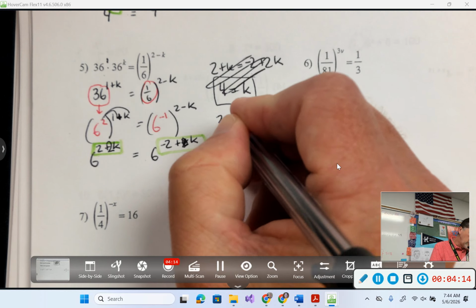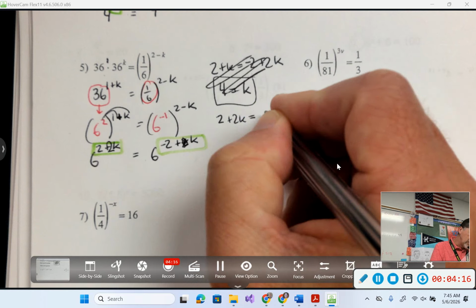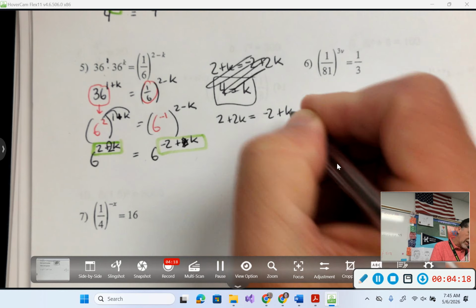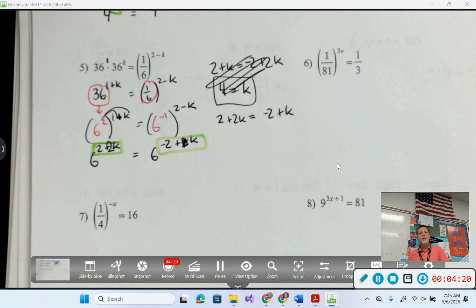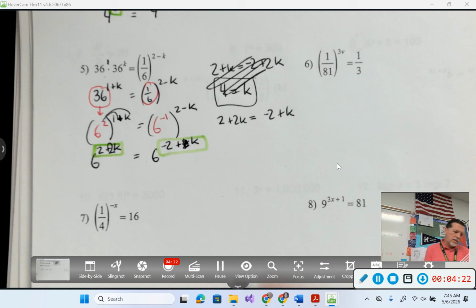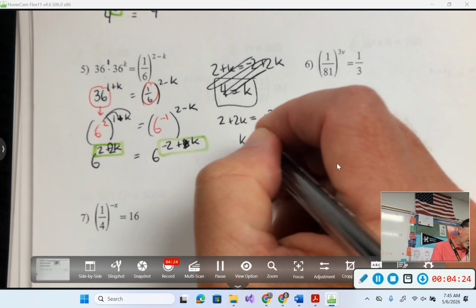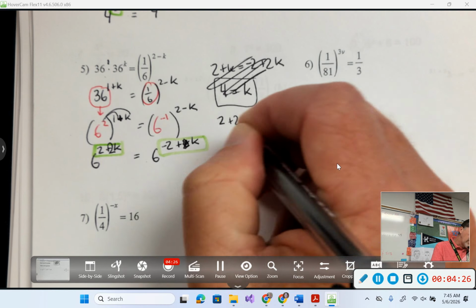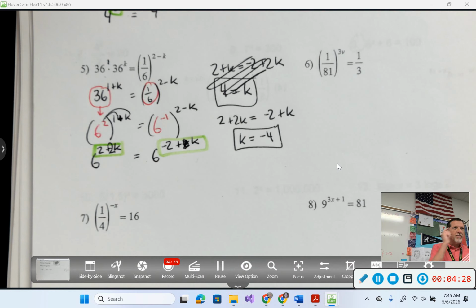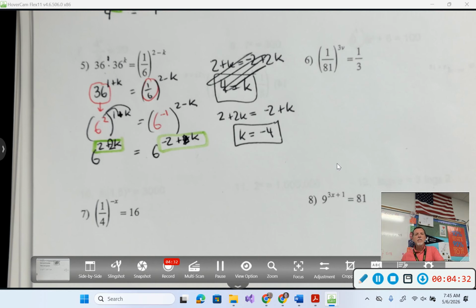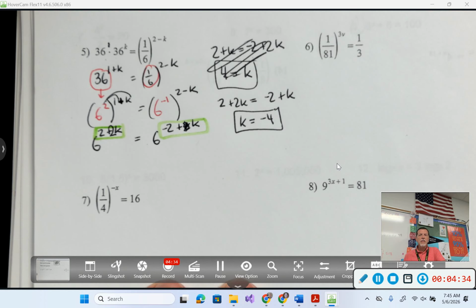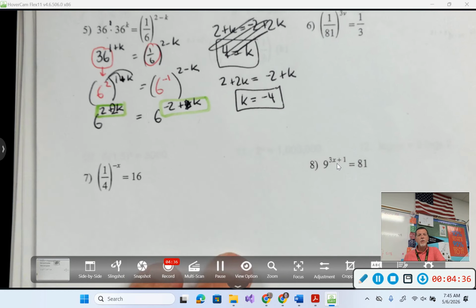So 2 plus 2k equals negative 2 plus k. There we go. So subtract the k over, subtract the 2 over, and k equals negative 4. Ava? Yes? Okay. Yeah, apparently I need to do some more of these as well.